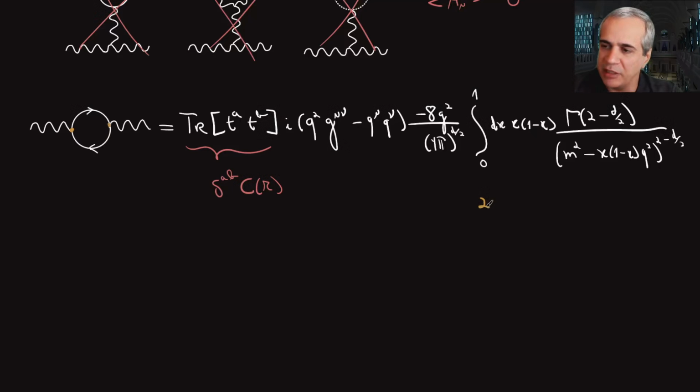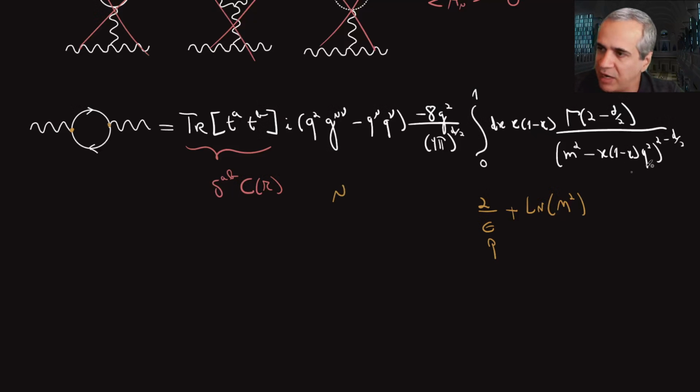This guy will generate a 2 over epsilon divergence. All I have to do is to keep track of where this divergent part here is. Because in the end, I know this will come together with the log of some arbitrary scale, which I'll use to write my Callan-Symanzik equation. So we can do this calculation in a much simpler way if we just look for the divergent parts of these loops and keep track of this guy. In the end, I'll bring back this log of m squared, and that way I don't have to keep mu around.